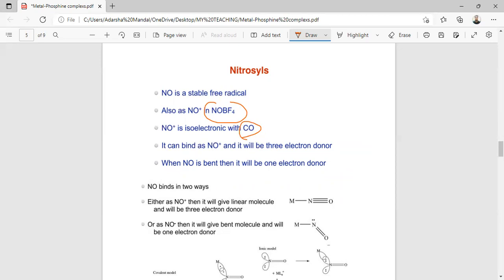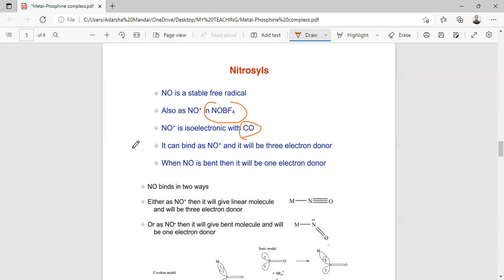So it can replace the CO in the substitution reaction. In the majority of the nitrosyl complexes, the M-NO unit is linear. In such a case, NO is usually considered a 2-electron donor on an ionic model, but a 3-electron ligand on the covalent model.